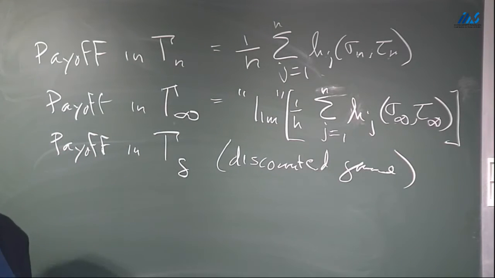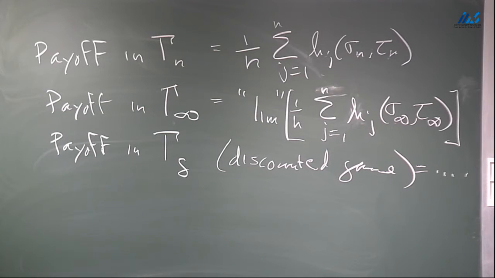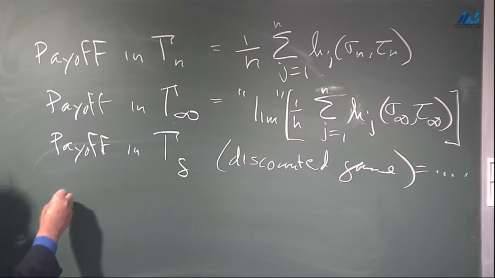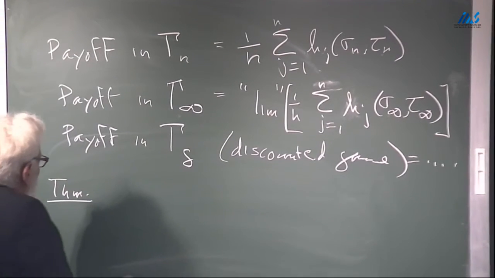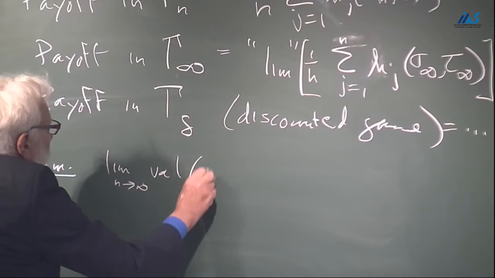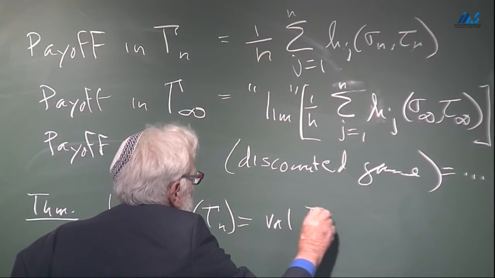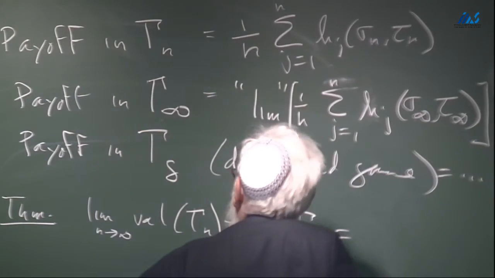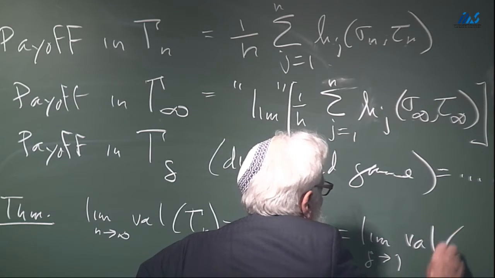Okay, I'm not even going to write the formula for this. There's a way of writing it. It's very straightforward. I don't want to take the time for it. Now what we say is the theorem, which I'm not going to prove because I want to get to more substance, is that the limit as n approaches infinity of the value of gamma n is equal to the value of gamma infinity, and is equal to the limit as delta approaches 1 of the value of gamma delta.